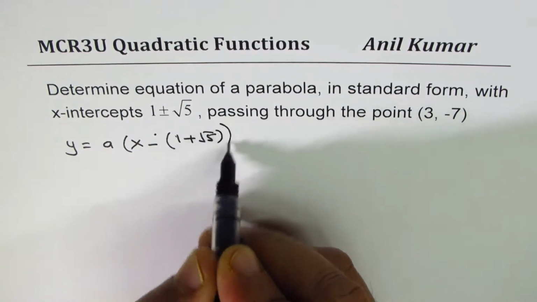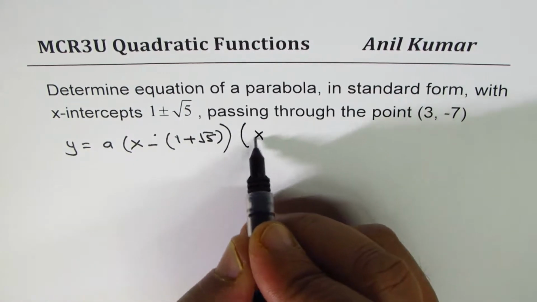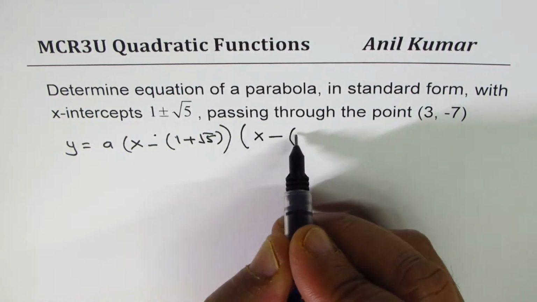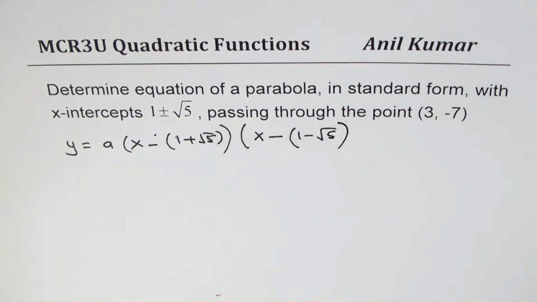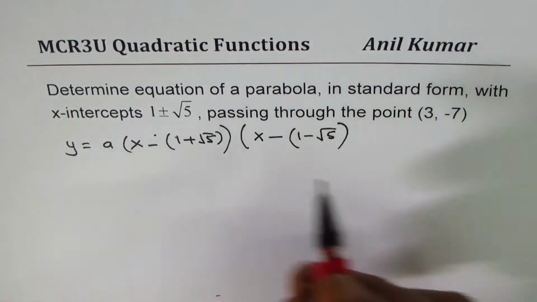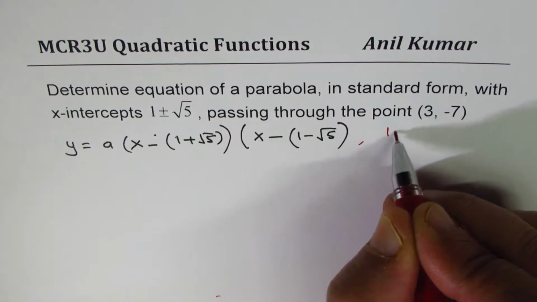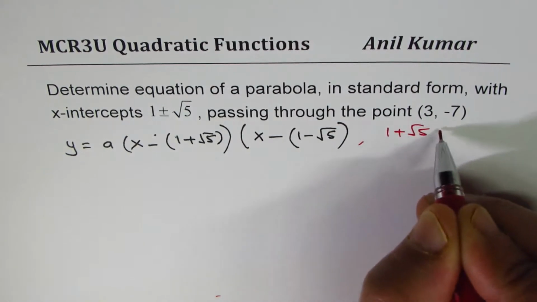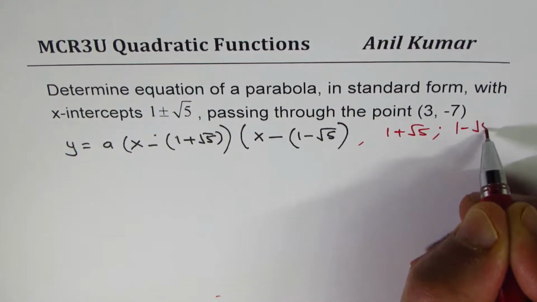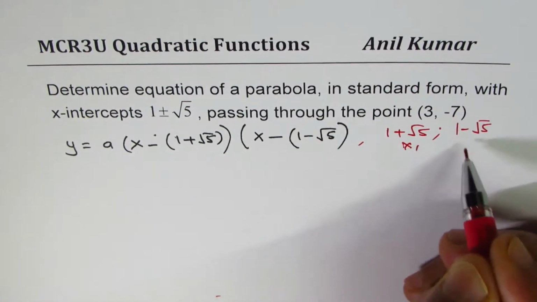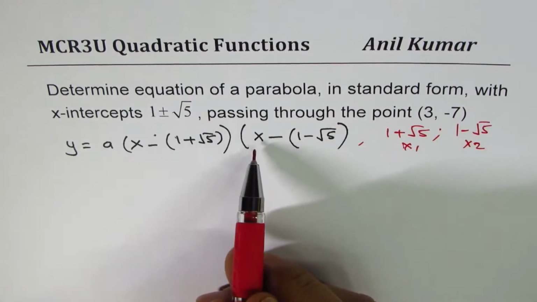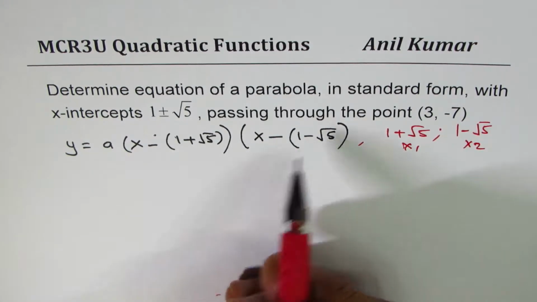This is the first root, times x minus 1 minus square root 5. Does it make sense to you? Since we are given that the two roots are 1 plus square root 5 and the other one is 1 minus square root 5, correct? So x minus x1, let's say this is x1, this is x2, times x minus x2.